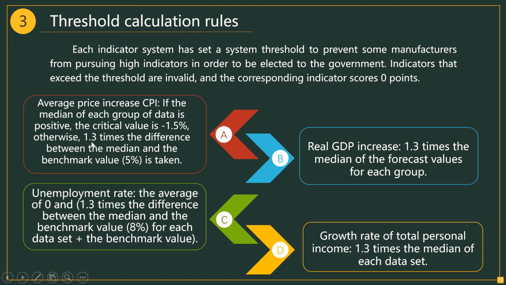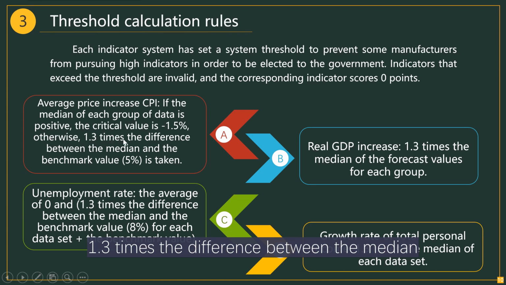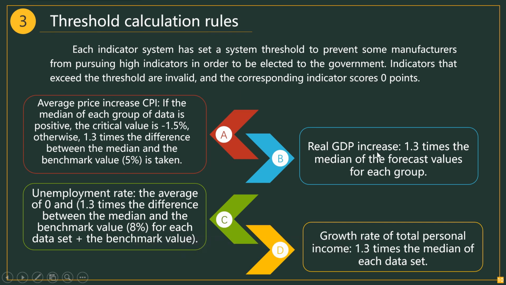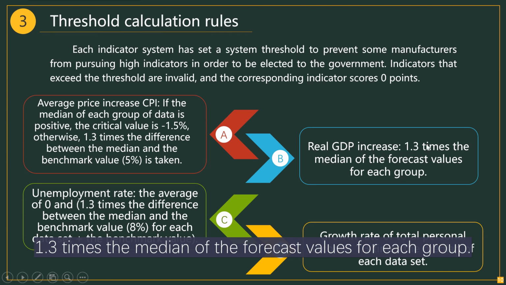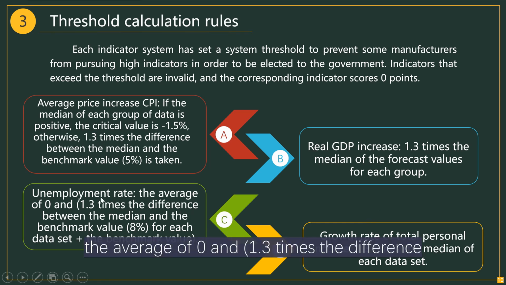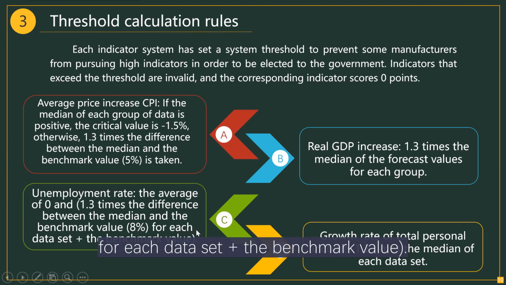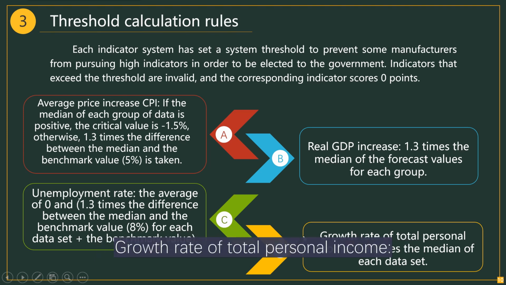Otherwise, 1.3 times the difference between the median and the benchmark value, 5%, is taken. Real GDP increase: 1.3 times the median of the forecast values for each group. Unemployment rate: the average of 0 and 1.3 times the difference between the median and the benchmark value, 8%, for each data set, plus the benchmark value.